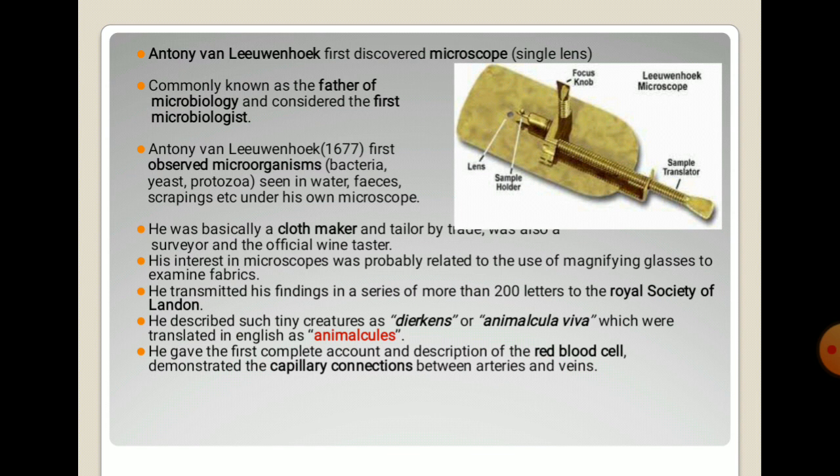He sent more than 200 letters to the Royal Society about his study of different microorganisms, and he described these creatures as dierkens or animalcula viva, which were translated into English as animalcules by the Royal Society of London.